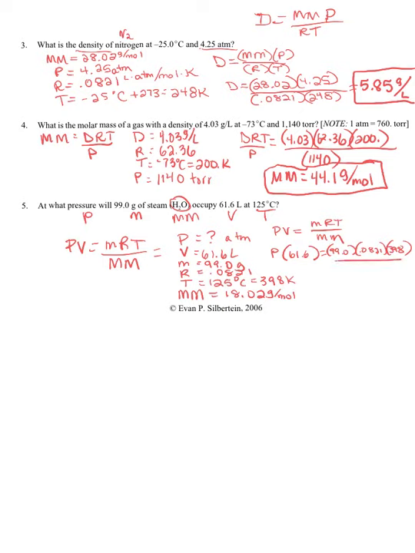And MM we said was 18.02. When I solve for pressure, I take my 99.0 times my 0.0821 times my 398. I divide by 18.02, and I also divide by 61.6, and I get a pressure of 2.91 atmospheres.